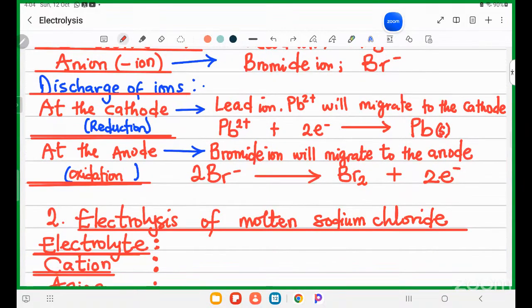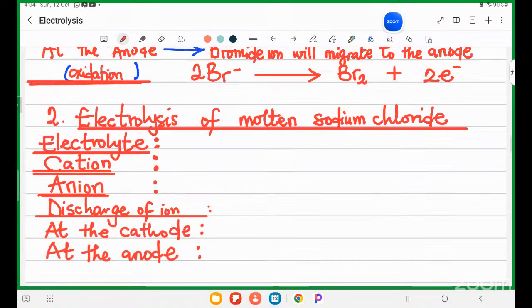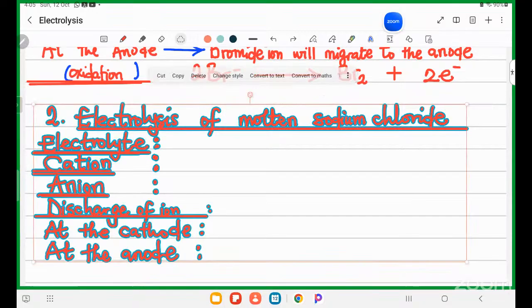Okay, sorry, I want to include the overall reaction. And if I include the overall reaction, I will need to adjust the whole of this.